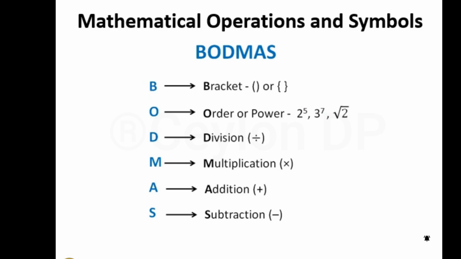O means order or power, if there is any power. And division, multiplication, addition, and subtraction. Make it in order, පිළිවෙල මේක හරි වැදගත්. When you are calculating anything, this BODMAS rule you have to implement.